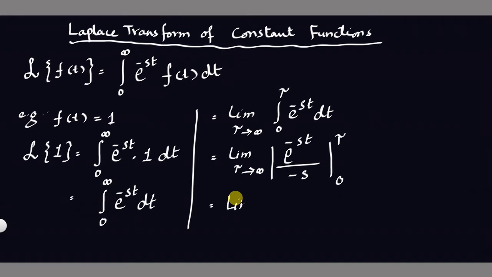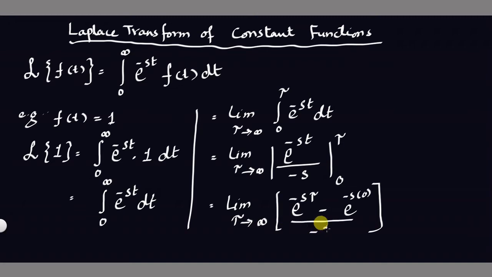After simplification, what do we get? e raised to the power minus s tau minus e raised to the power minus s times 0, divided by minus s. Further simplification will lead to the final stage.